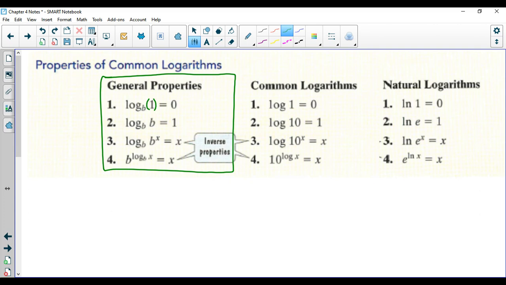And that's because, again, if we did that circle here, b to the 0 equals 1. Anything to the 0 power is always 1. Our second property, if I have log base b of b equals 1, well, if I ever have the same base as what's in the parentheses, the answer is always equal to 1, because b to the first always equals b.